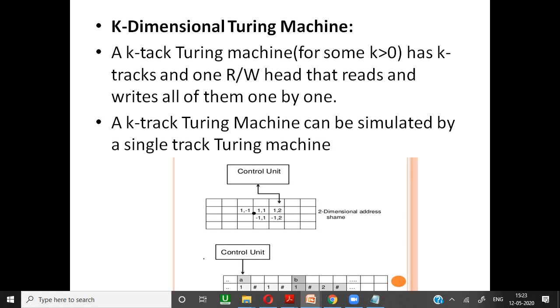Next, the k-dimensional Turing machine. Generally, the tape has only one dimension, but here we can have k dimensions. It contains k tracks, and for these k tracks we can perform reading and writing simultaneously. Assume these are the tapes. For every tape, we mention the dimensions like (1, -1), (1, 1), (1, 2), and so on. We can define it based on our situation.